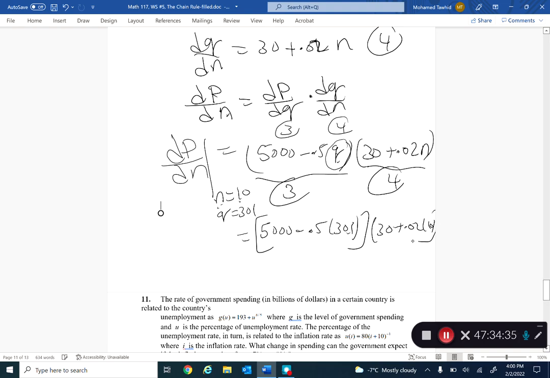Use technology here, and the technology is going to give you the number. So here is the number I got. It will be 4645.90.